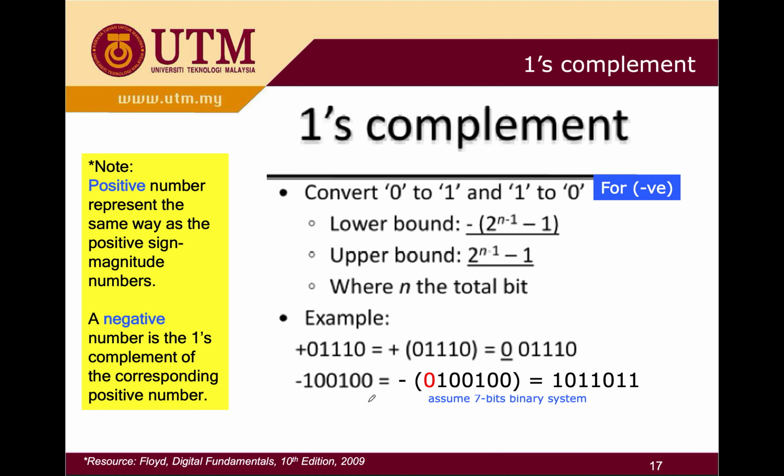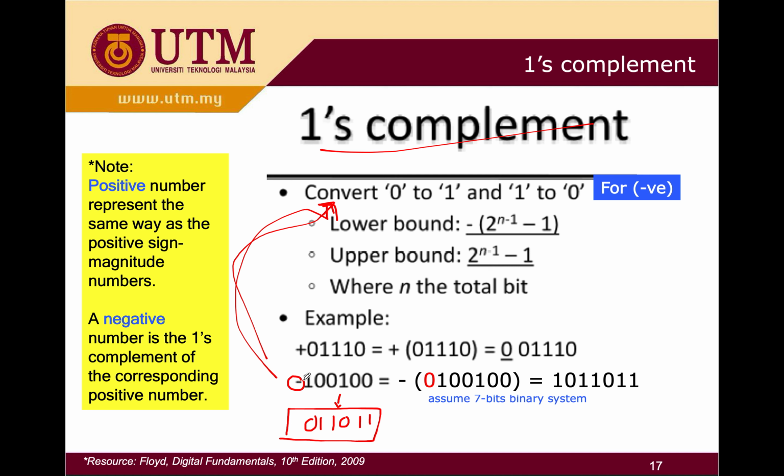Let me start again. This one I change directly to below, so I can see it clearly. You apply this one, you get 110. So this is the answer if you just directly convert using this for your first complement for a negative number.